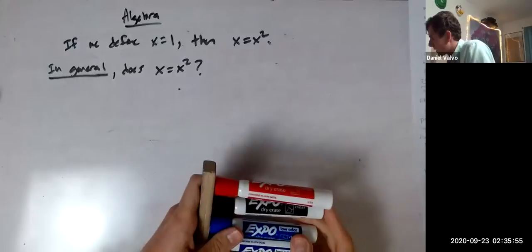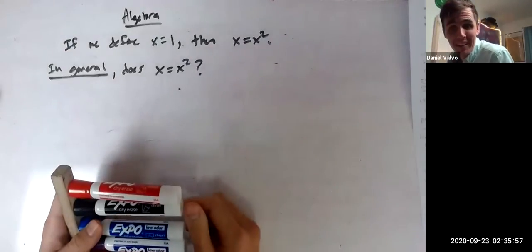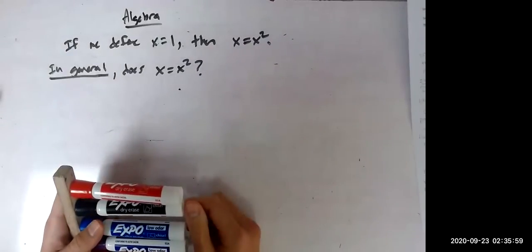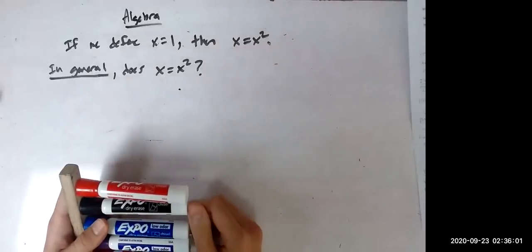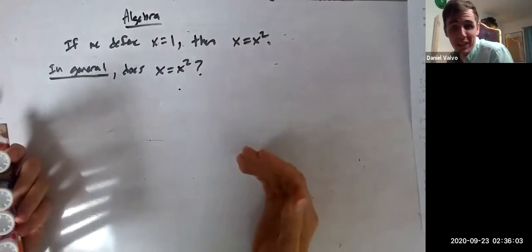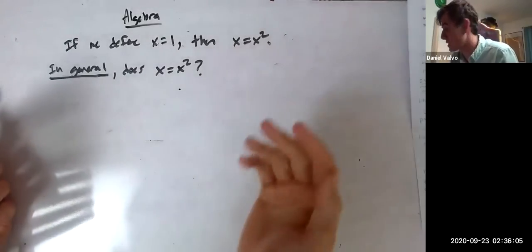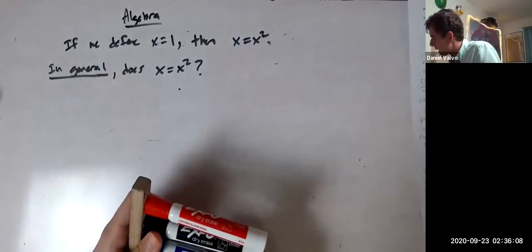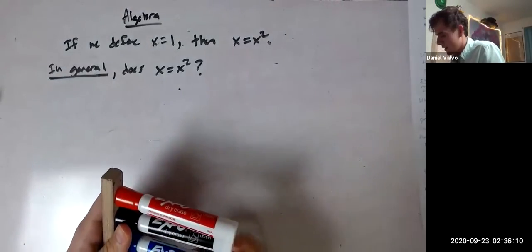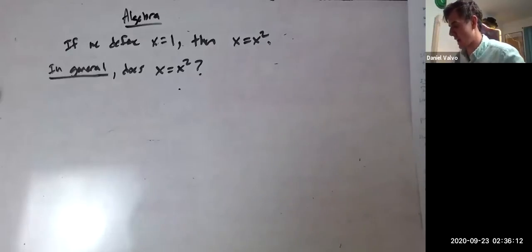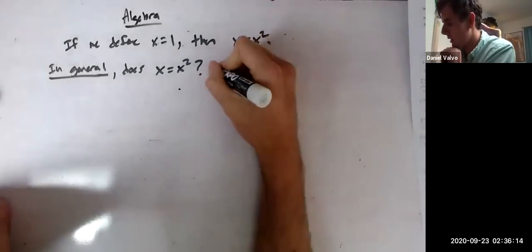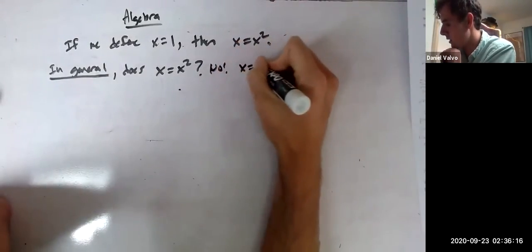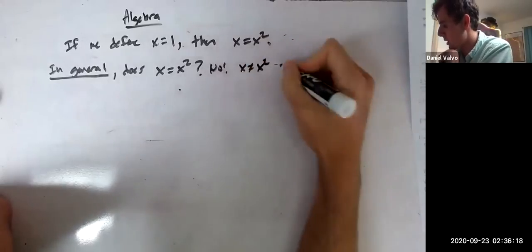What were you going to say? No, for negative X. Oh, yeah, perfect. Exactly. For negative X's, we would use 2. So for example, X equals X squared? No. X is not equal to X squared.